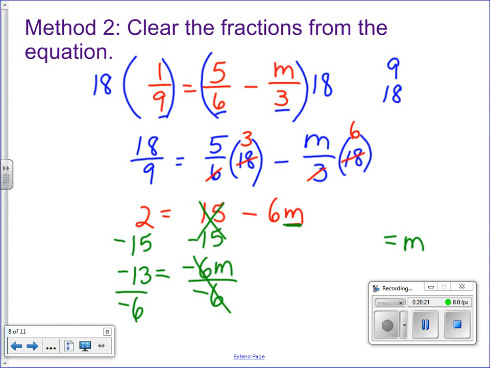On the left-hand side, we have a negative divided by a negative, which is simply a positive, and I'm going to leave my answer in the form 13/6. Or you may prefer writing it as a mixed number, 2 1/6.